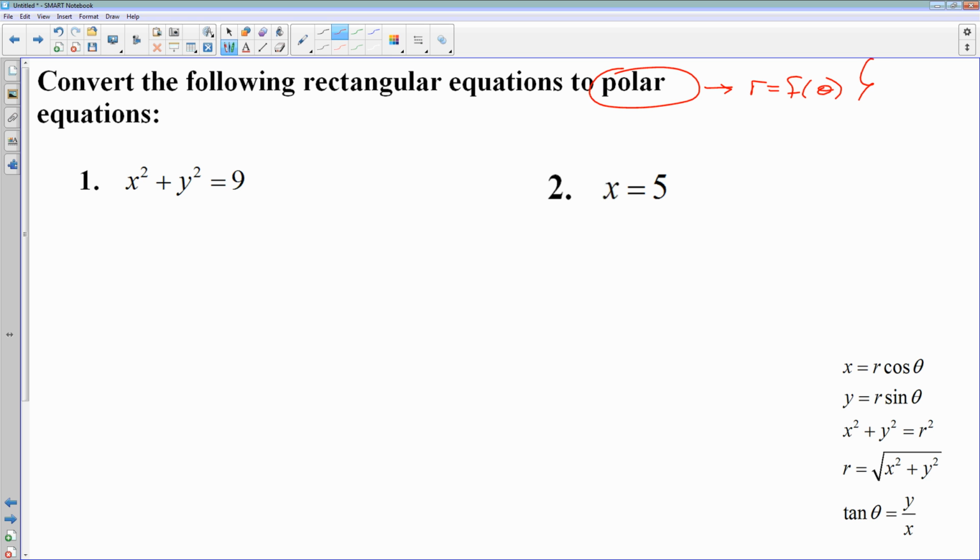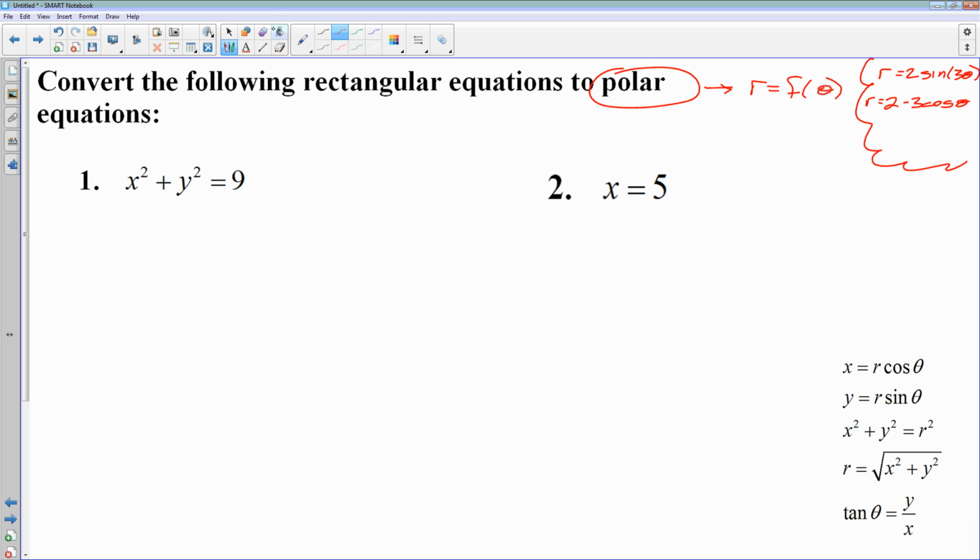If you think back to the polar graphs we've done like rose graphs, which was like r equals 2 sine of 3 theta, where it was r equals stuff in terms of theta. The limacons were things like 2 minus 3 cosine theta, where you had r equals something in terms of theta. That's what we're going to shoot for when we're converting. We want to get rid of x's and y's and be left with r's and thetas.